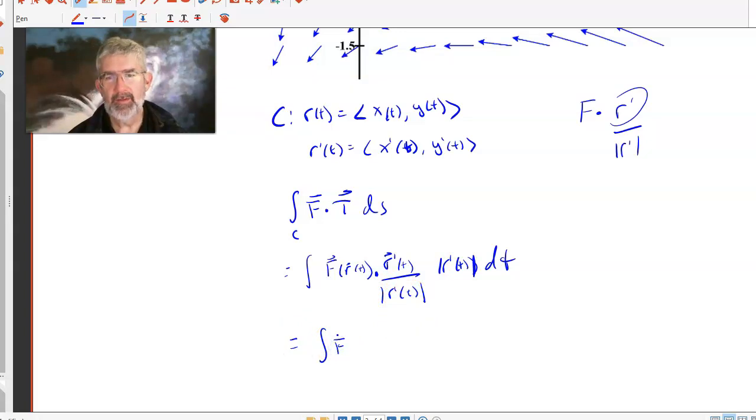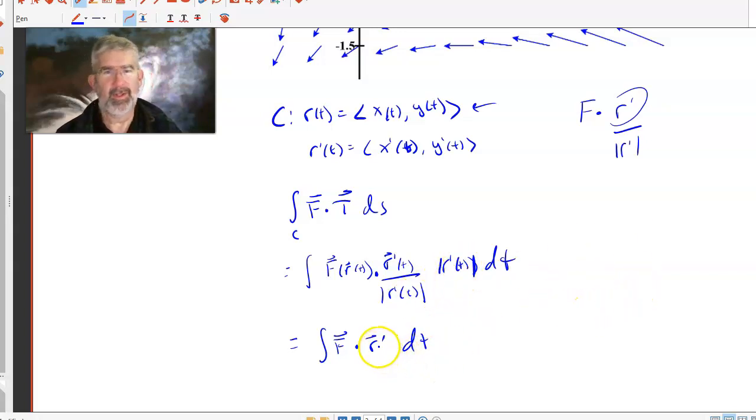This is f, always evaluated at xy, but xy is on the curve, and I'm not going to write it in every time. So this is f dotted with r prime dt, because the lengths of r prime of t cancel out.